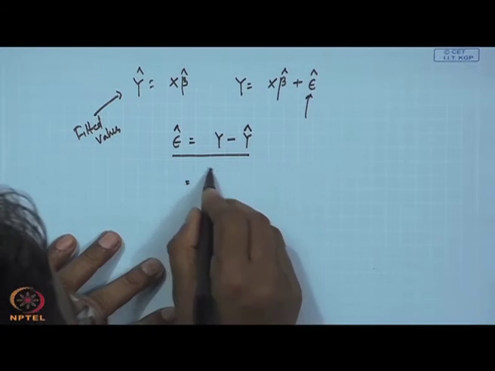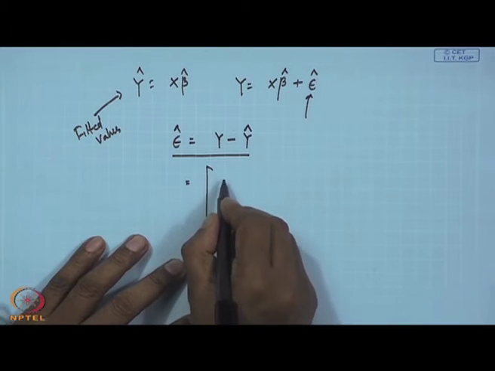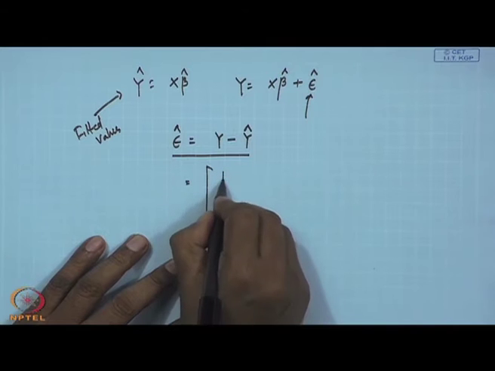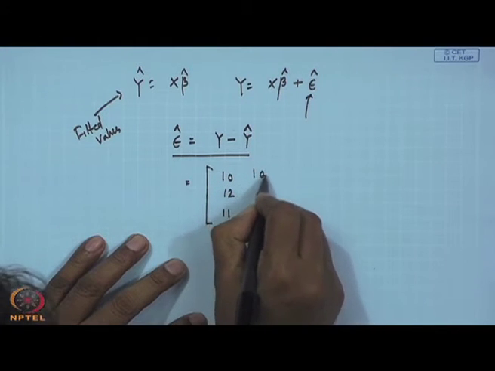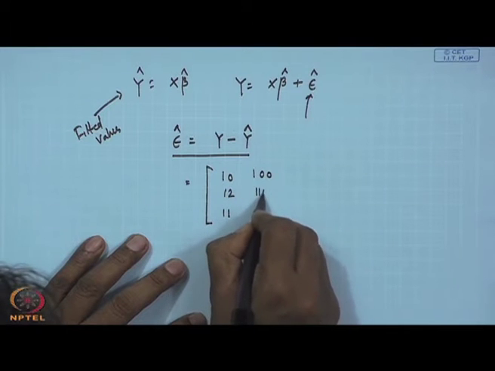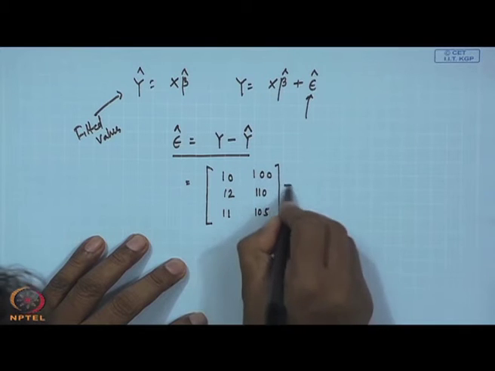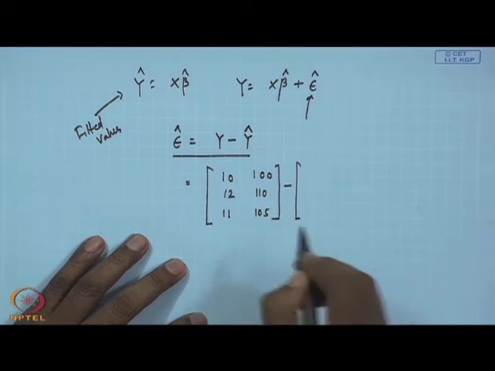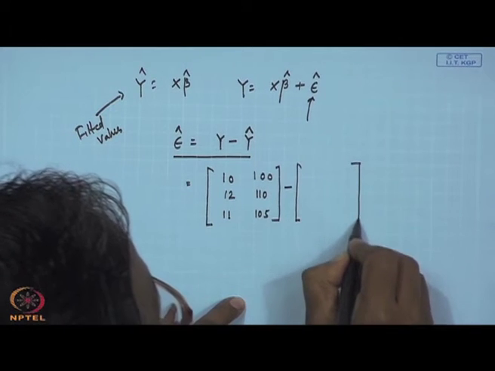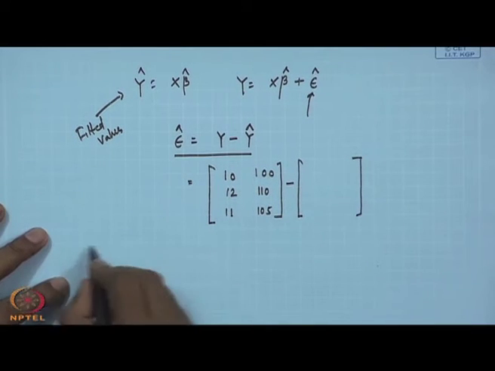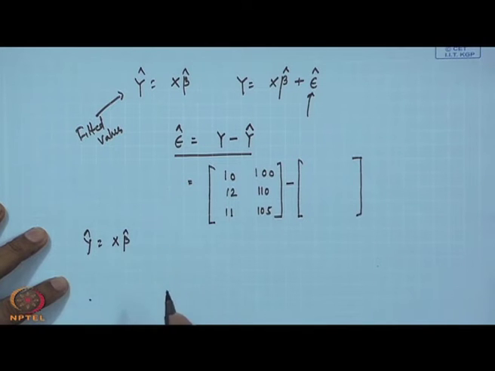So if this is the case, what you require to do: your y variable is y1, y2, so y1 is 10, 12 and 11, and y2 is 100, 110 and 105. So what you require to do now is find out what the y cap values will be. Okay. Now y cap is x beta cap.